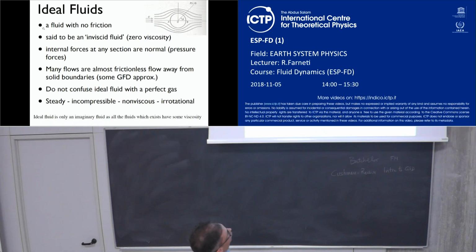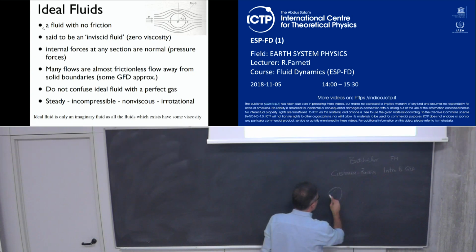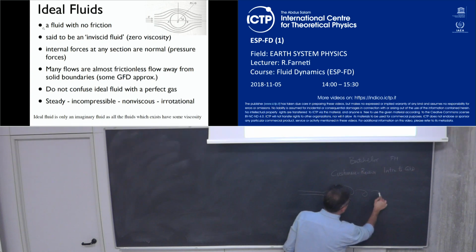So what is an ideal fluid? If you remember that image of an obstacle, the black circular obstacle, and then all the streamlines going through the obstacle. In the first image, we had some circle, black obstacle like this. We have the streamlines going like this, in a laminar way, and then things were happening here.